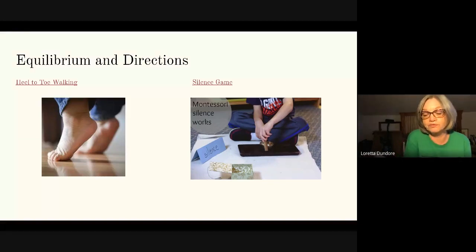And they're very much ready to move into math if they can walk heel to toe, eyes closed, of course. And then the ultimate mastery of your senses is being able to hold silence and playing the silence game. So there you go. Sensorial in 30 minutes.